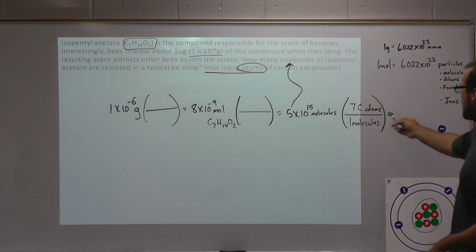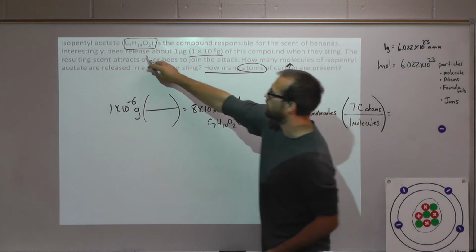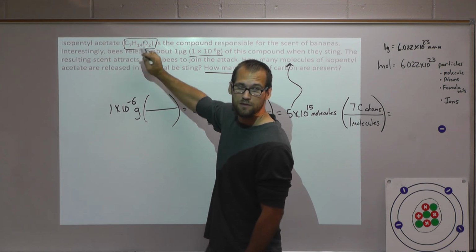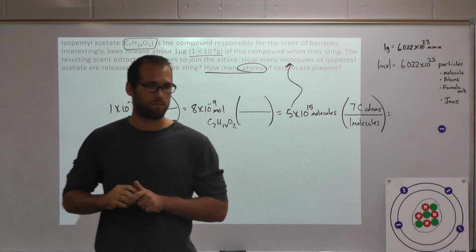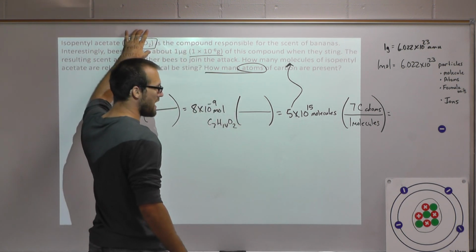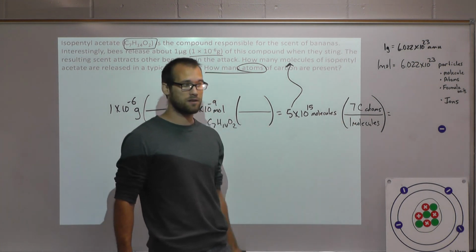That's a C for carbon atoms, so 7 carbon atoms. Everybody see how for every one molecule, I've got 7 carbon atoms and how that works? So I figure out how many molecules of this I had, and then I know the relationship between molecules and carbon atoms that I can finish.